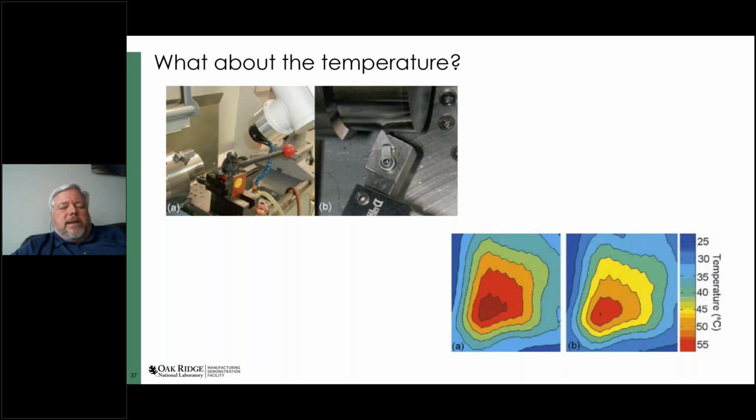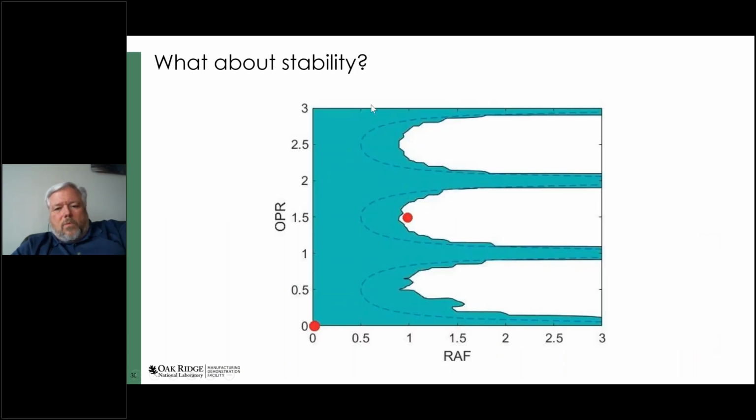So in fact, we see a little less tool wear, particularly in difficult materials, let's say like titanium in this case, when it's interrupted, because the average temperature goes down, right? The tool is out of the workpiece sometimes and cooling off. You might ask me, okay, what happens with stability? And that's kind of an entertaining one.